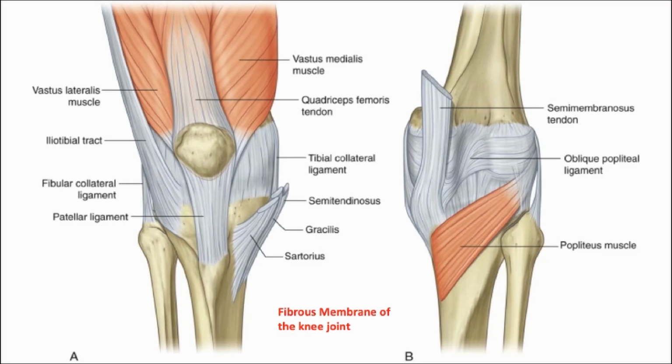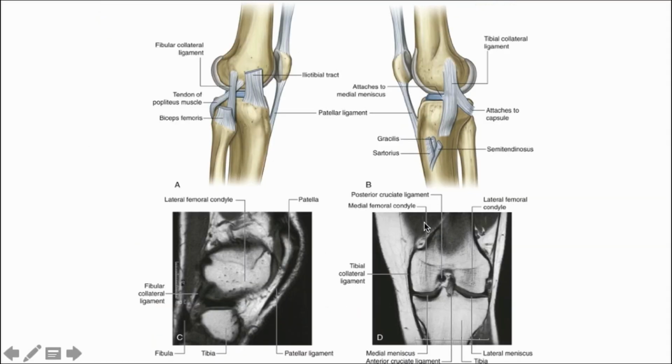So this joint capsule just really helps reinforce the fibrous extensions of the iliotibial tract, all the muscles and the tendons and the ligaments themselves. And so it's really strong, helps with the integrity of the knee joint. And I think that's about it with that.